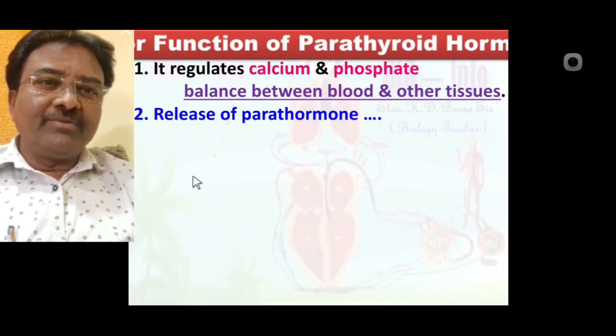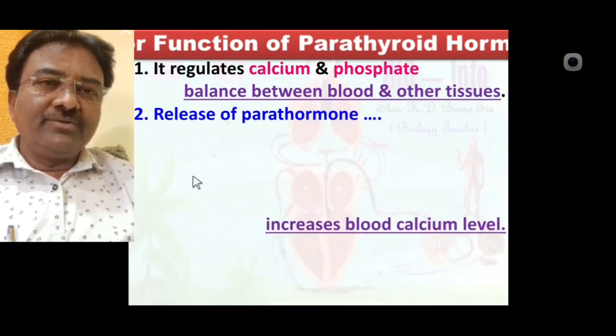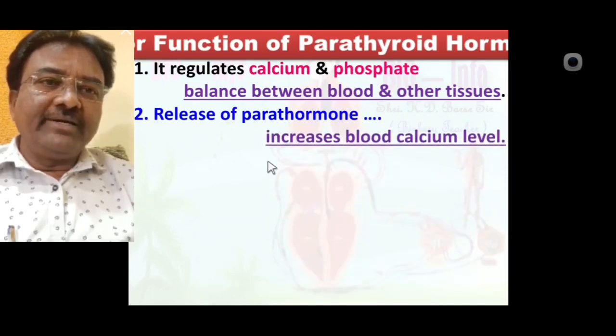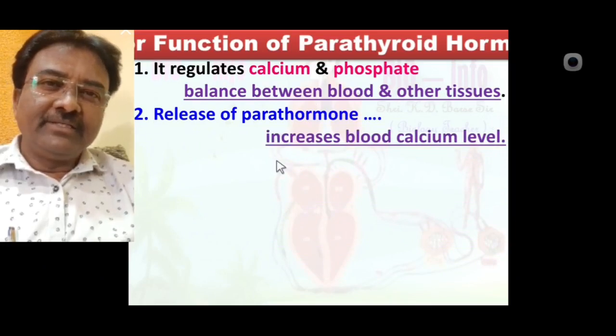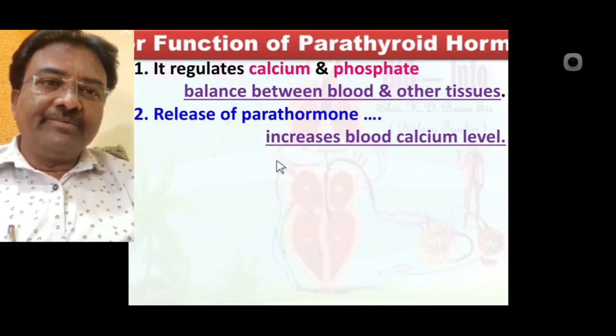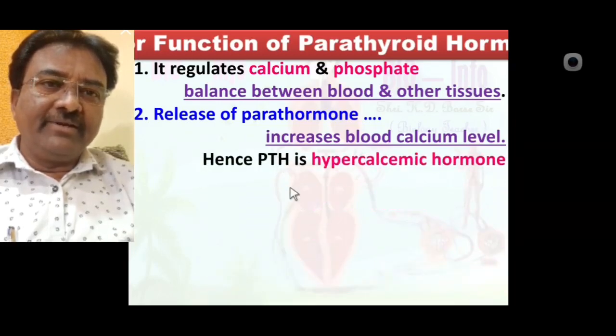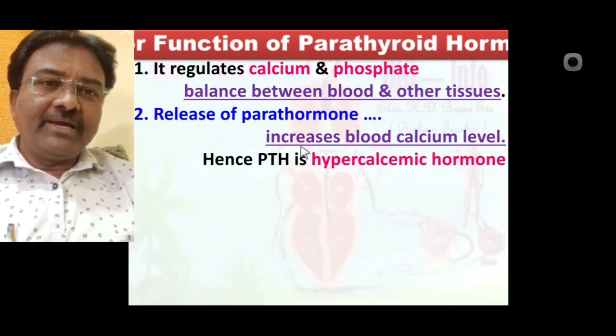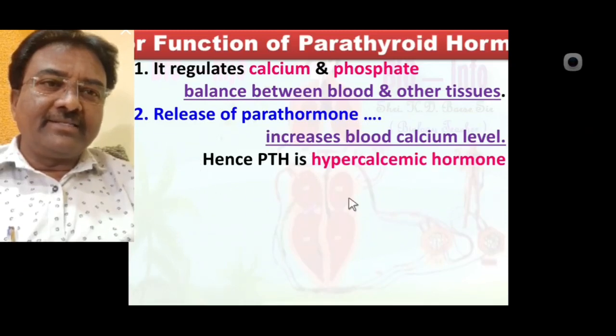The parathyroid gland releases parathormone, and the release of parathormone increases the blood calcium level. Hence parathormone, that is PTH, is a hypercalcemic hormone because it increases the calcium in the blood.